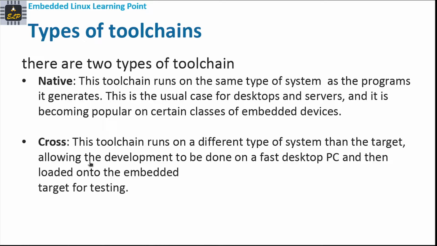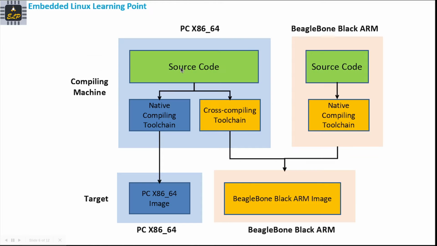The cross toolchain runs on a different type of system than the target, allowing the development to be done on a fast desktop PC and then loaded into the embedded target for testing. This picture tells a little more about cross compiling and native compiling.